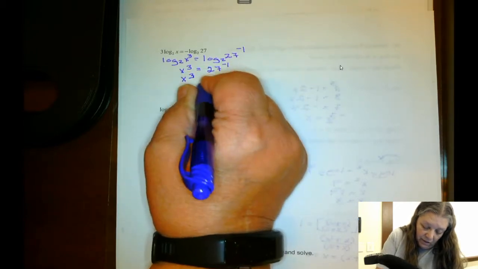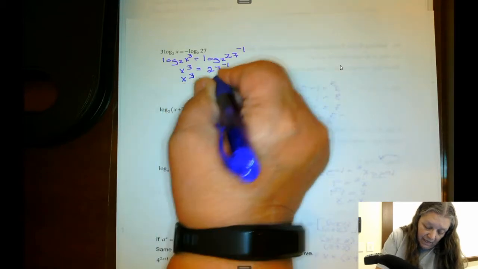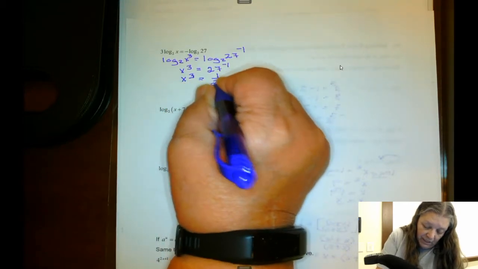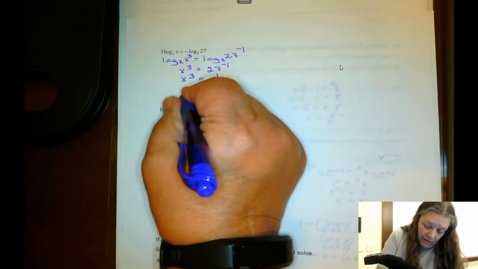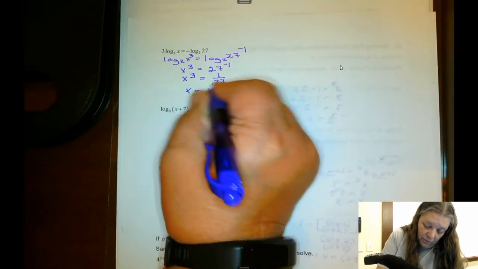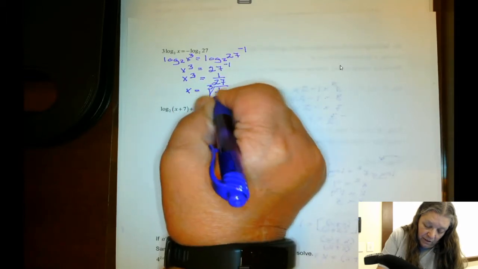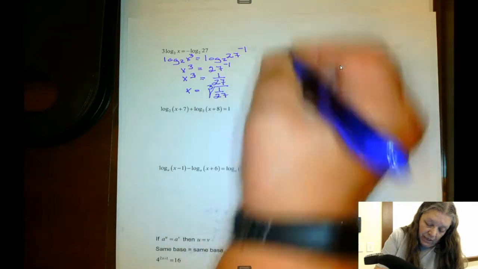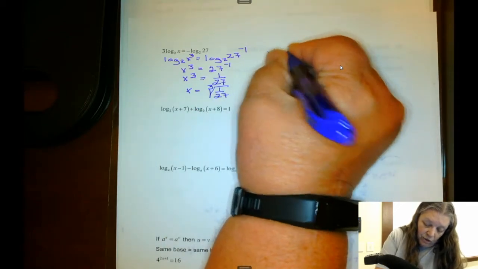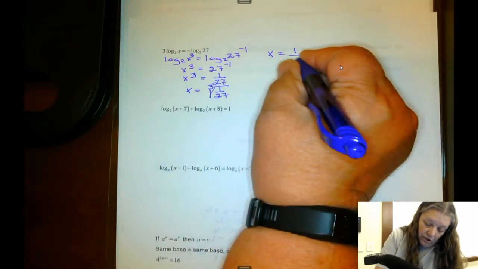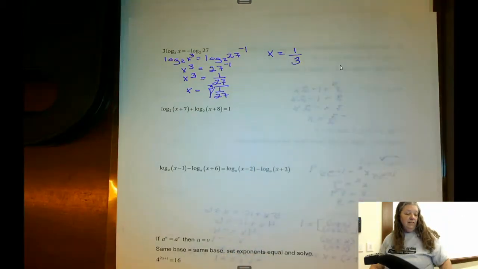So x to the 3 equals 1 over 27. So x is the cube root of 1 over 27. Cube root of 1 is 1. Cube root of 27 is 3.